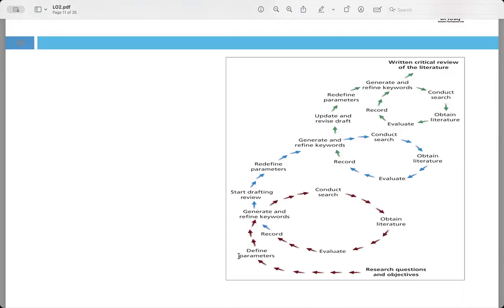Here is just showing the written critical review of the literature. A literature review is not just about reading, it's a process. First, generate keywords: think of the most important words related to your topic. Define your search limits: decide what you'll include or leave out.